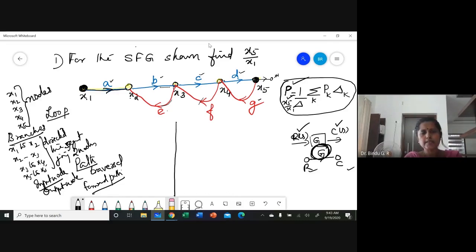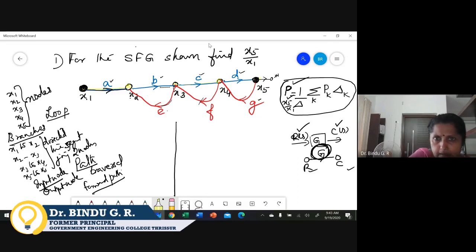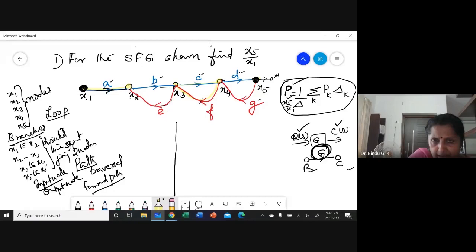The loop. A loop is a closed path. Can anyone identify closed paths here? CF. Closed path. That is, you start from X3, go to X4, and come back to X3, which means CF, the path gain or the loop gain will be CF.